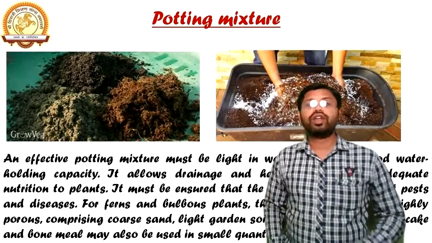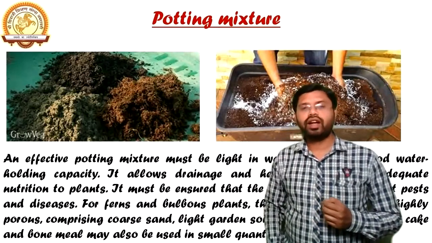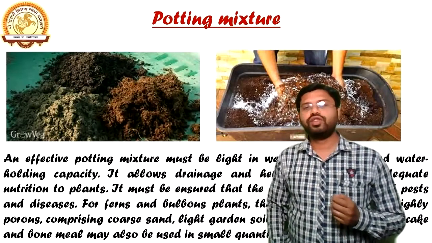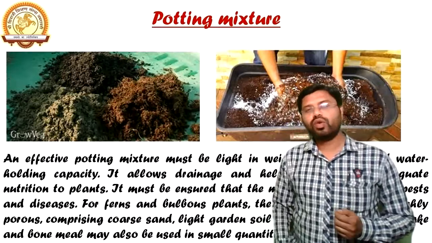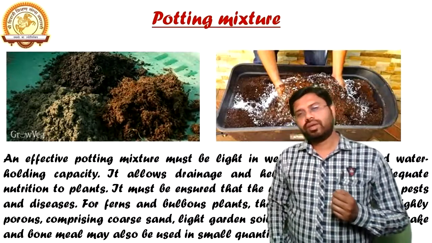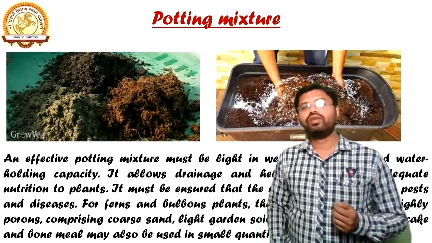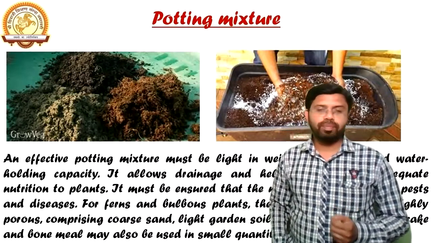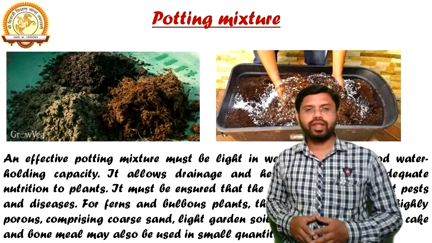The second and most important thing while talking about potting techniques is the potting mixture, which is basically soil and manure used for plantation purposes. As we all know, manure and soil are the basic need for the growth and development of the plant, as all the nutrients are available in the soil.